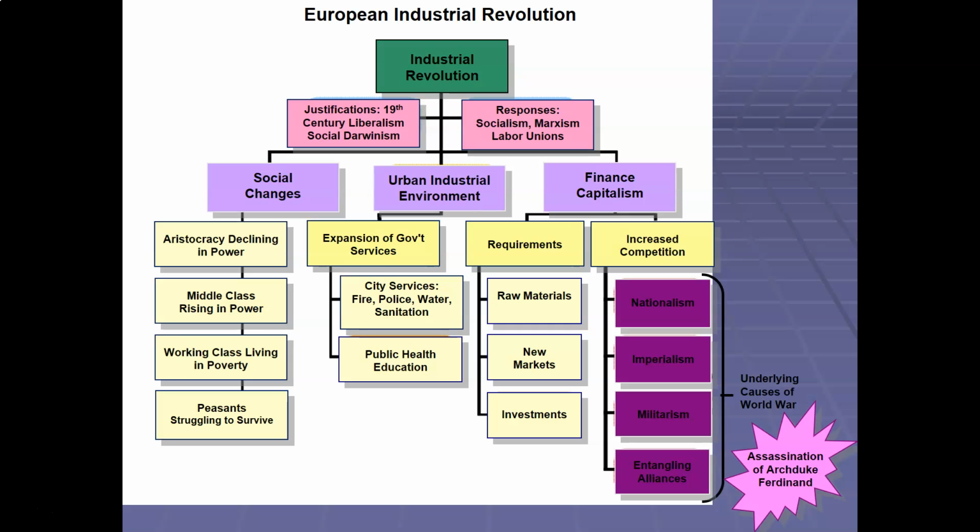And what this does is it actually leads to increased competition, and all these other factors, whether it's these social changes and these environments developed for urban industry and these capitalistic ideas and these resources and this competition, leads to nationalistic movements and then ultimately imperialism and colonialism, and then a building of militarism, which leads to an entangling system of alliances, which ultimately leads to World War One. But that's for a later date. We'll talk more about that and connect these in the future.